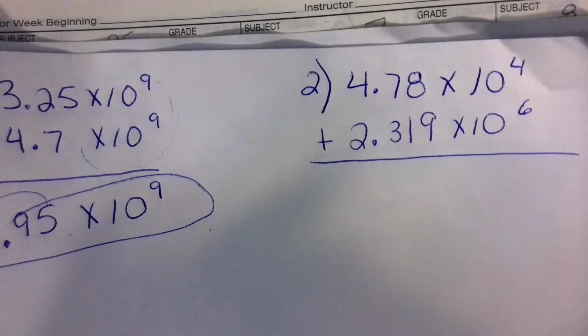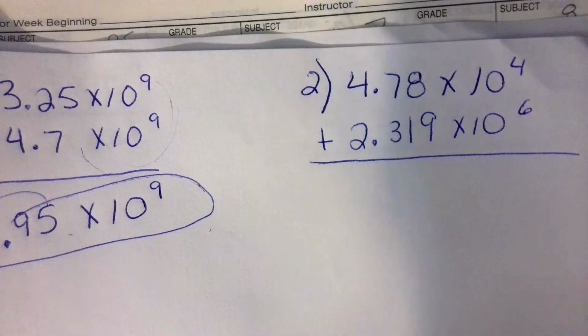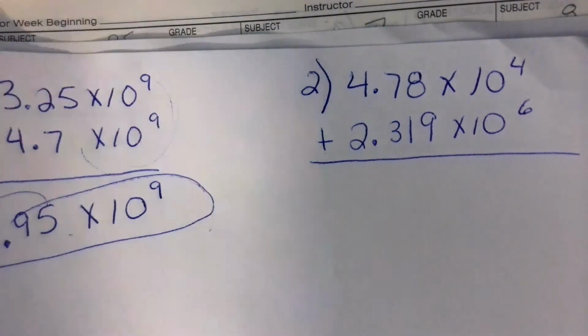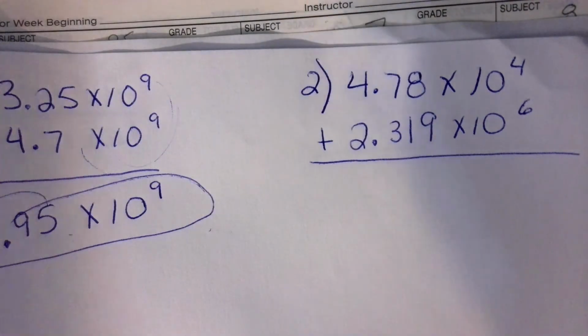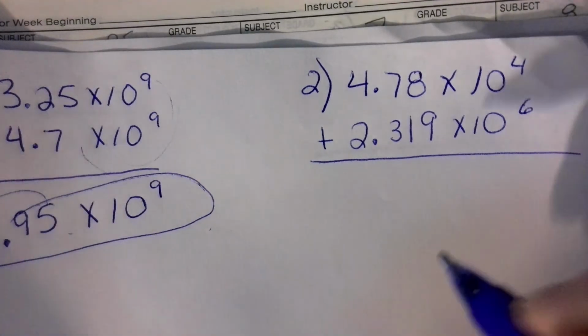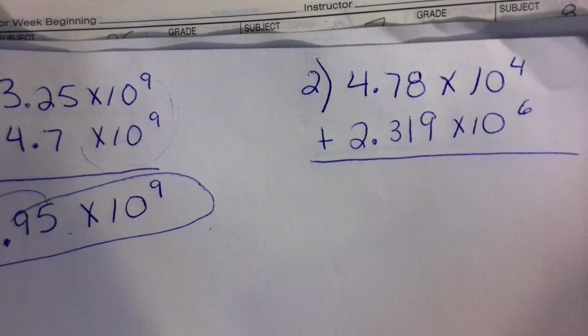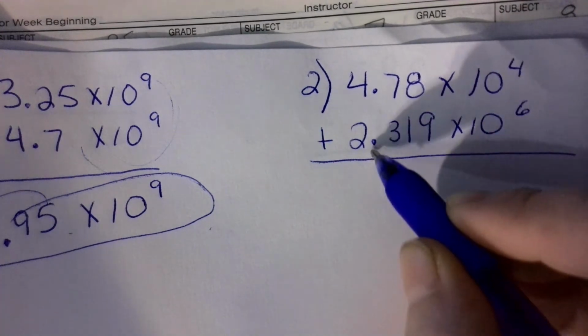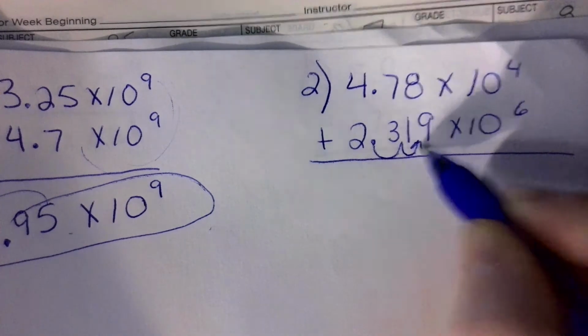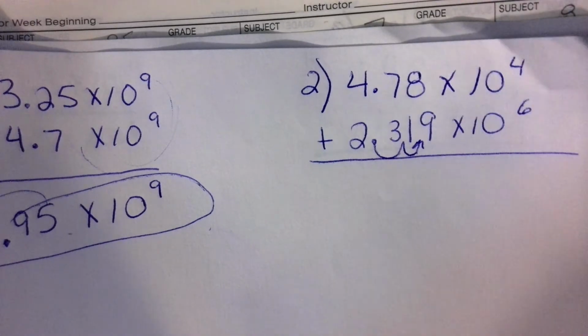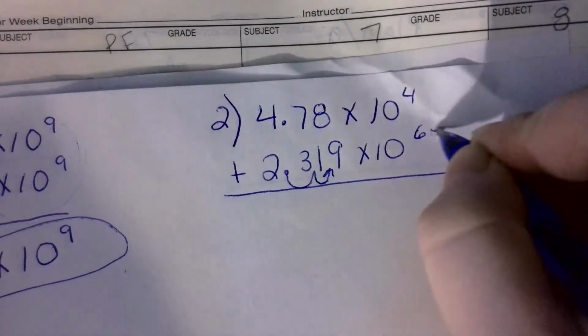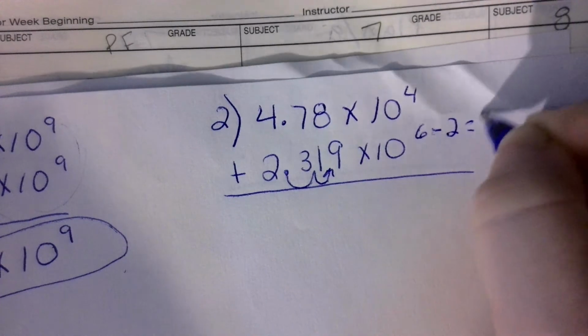Okay, number 2. So the first thing you notice when you look at this is the exponents are not the same. So that means we have to make them the same. To do that, I can move this decimal. And if I move it 2 spots this direction, that means I subtract 2 and I get 4.